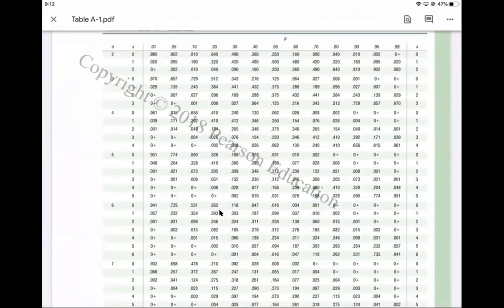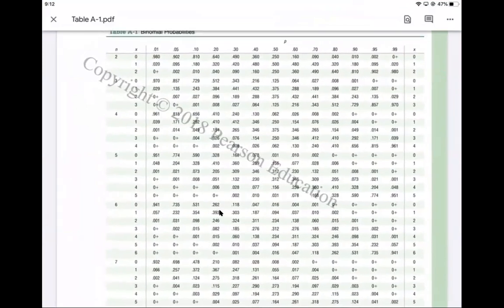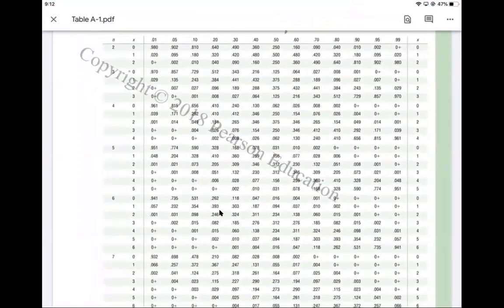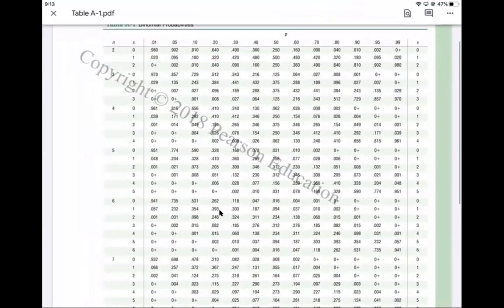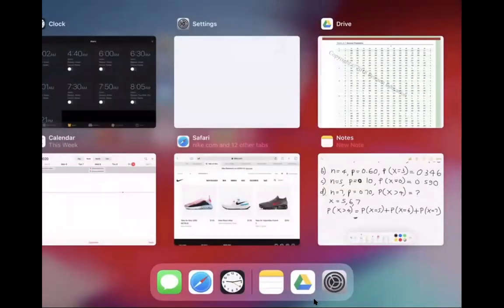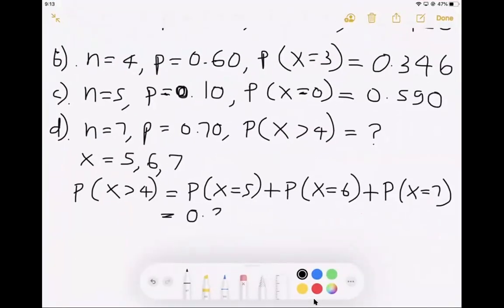n is 7, x is 5, p is 0.7. So this is the value, okay? 0.318.